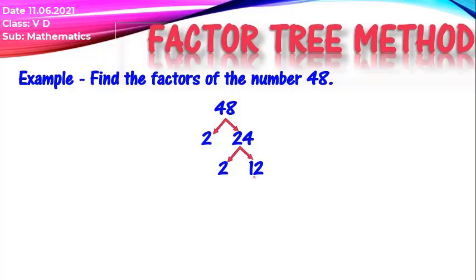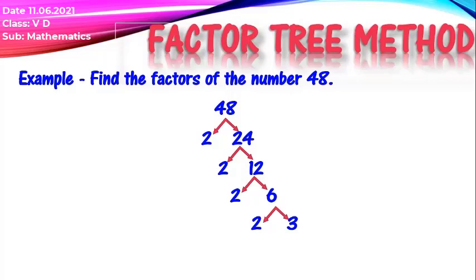Moving ahead again, split 12 in two numbers, 2 and 6, which after multiplying together we'll get the product as 12. Again, 6 can be split into two numbers, which are 2 and 3, which after multiplying together we'll get the product as 6.